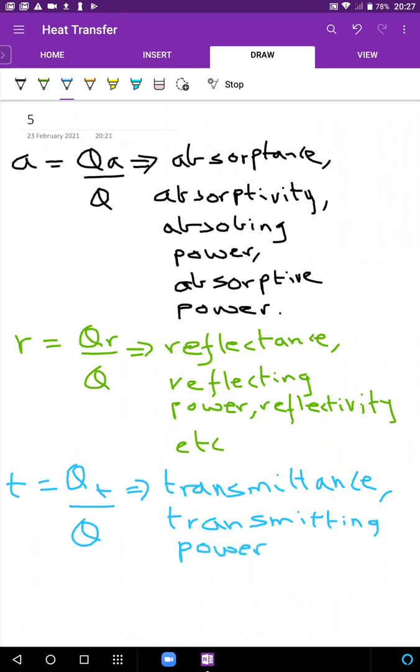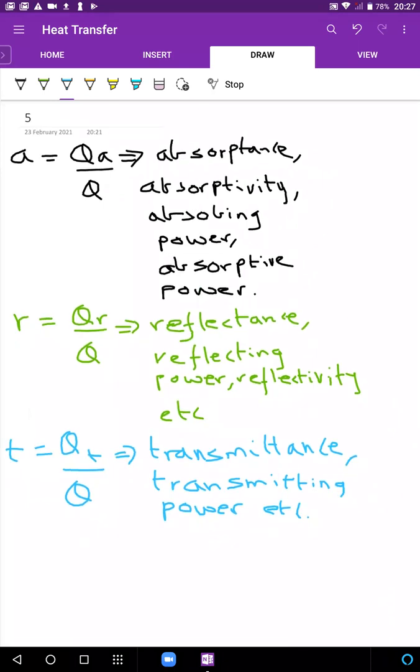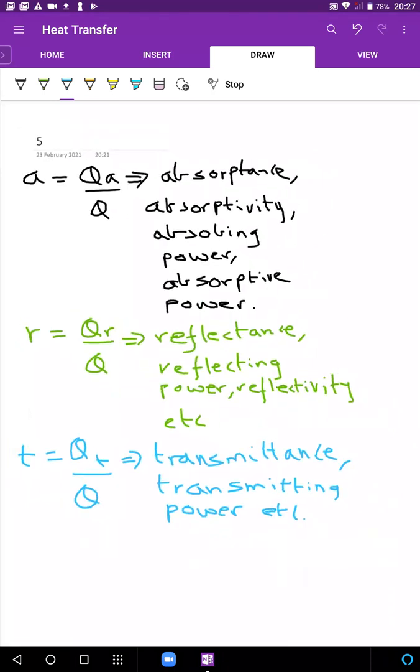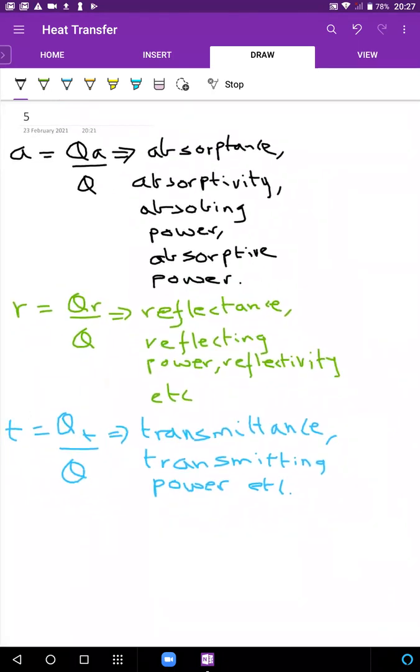This is the term. I'm just going to write etc. I mean, you get the idea. Okay, so anything with transmittance, transmitting power, transmittivity, names start sounding weirder and weirder. Okay, but if you see anything named in this manner, they're of course referring to these terms. There's no confusion over here. You can't miss it. The idea is, so ये लिख लो.